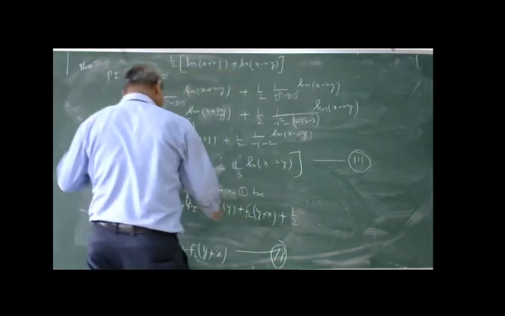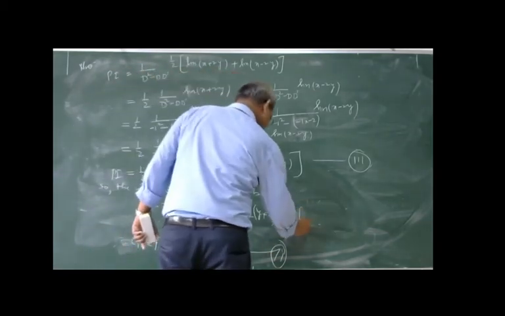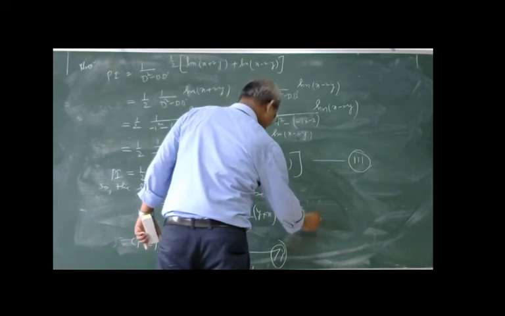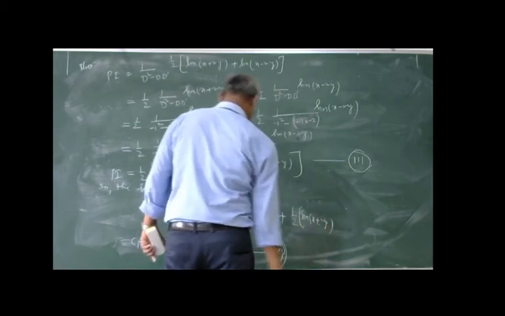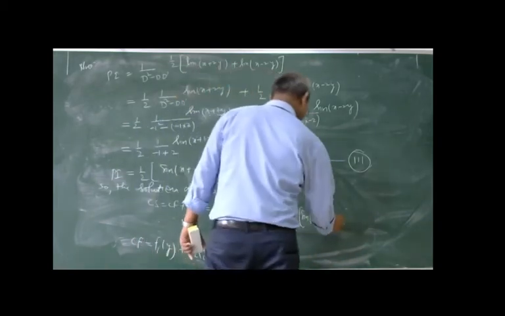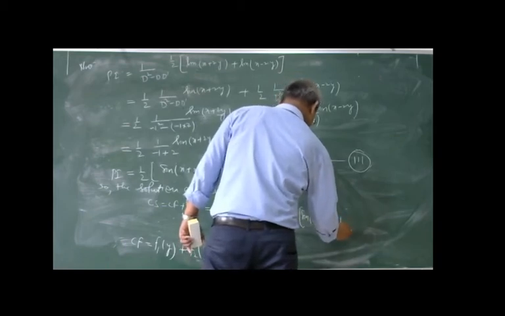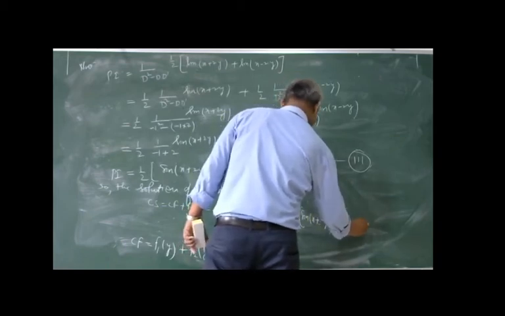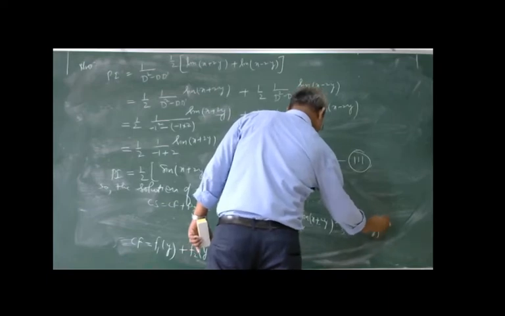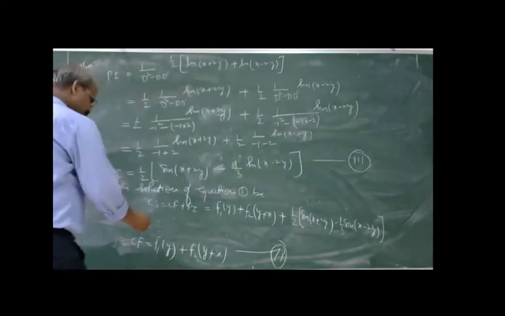This is the CF, and PI is 1 by 2 sine x plus 2y minus 1 by 3 sine x minus 2y. This is the required solution.